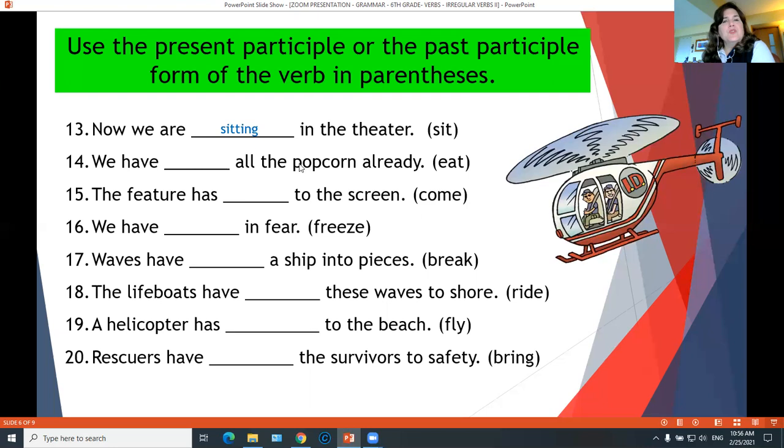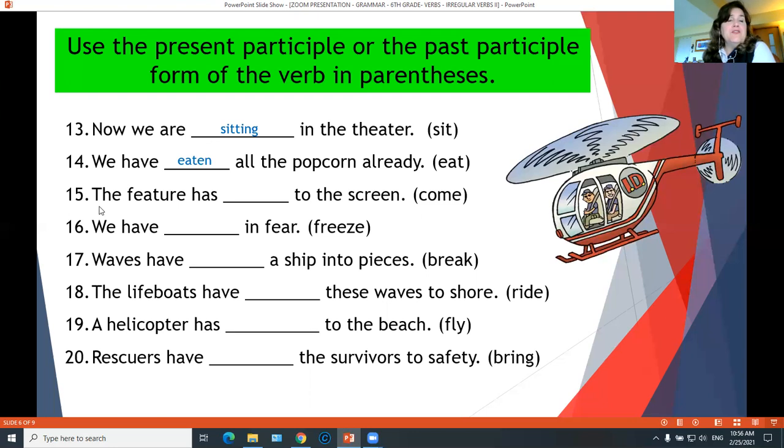But also the words help us because we have all the popcorn already. We already did this. So this is something that already happened, all right? So we need to put it in past participle, and the past participle of eat is eaten. So we have eaten all the popcorn already.